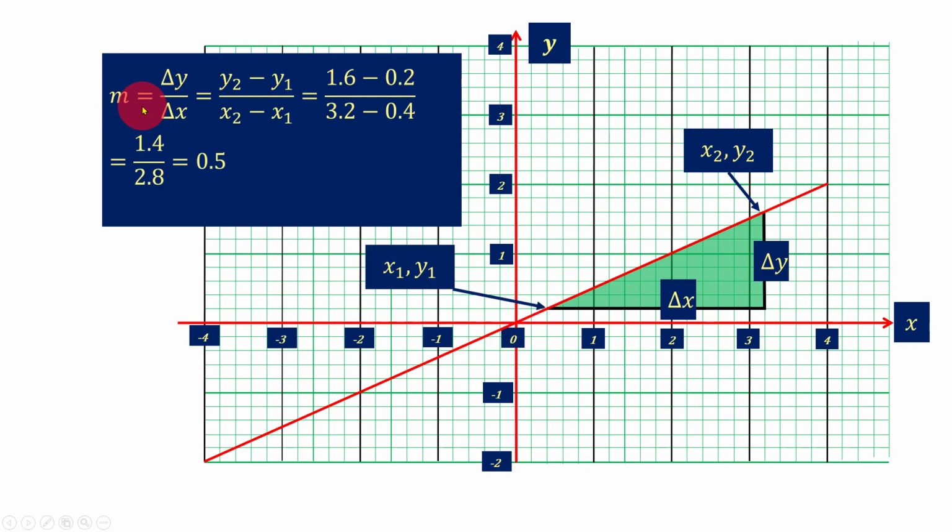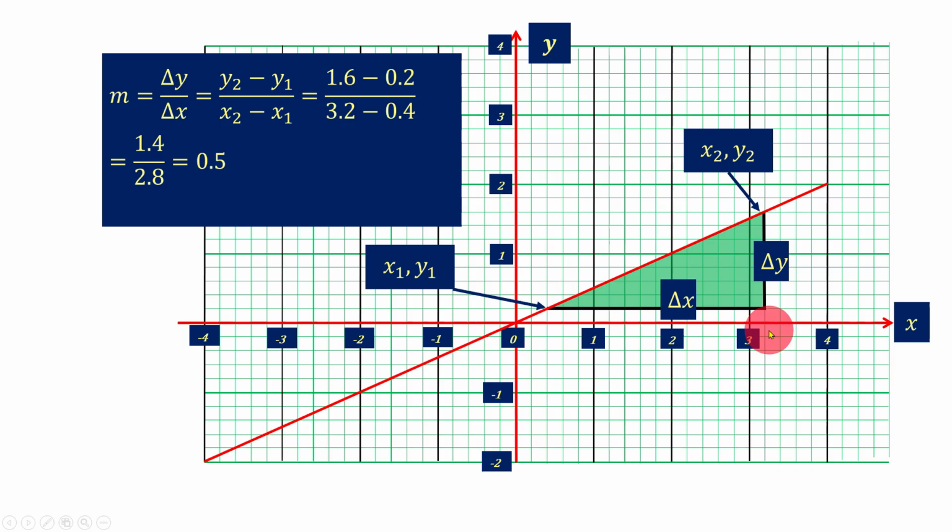And that is exactly what we have here. So gradient in mathematics is usually expressed using the letter m, and it's given by change in y divided by change in x. So this is exactly what you do in mathematics. You read y2 minus y1 divided by x2 minus x1, just like I helped you to read here.